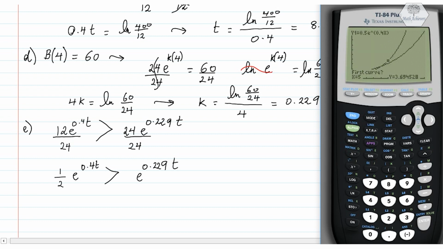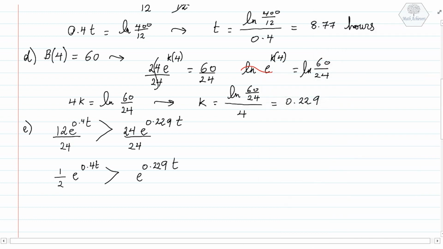The calculator asks for the first curve, which is this one, enter, and the second one, down, and the guess near the intersection, and I press enter again. What's the time of intersection? I look at the x value. It's 4.05.